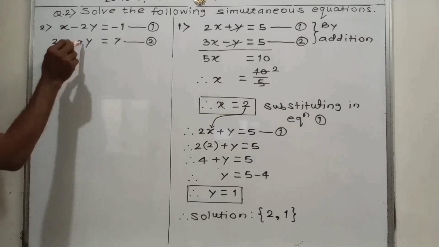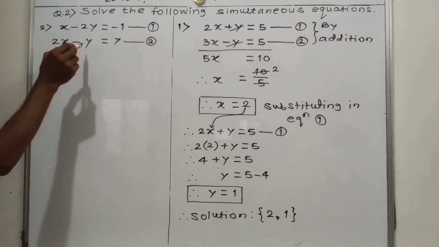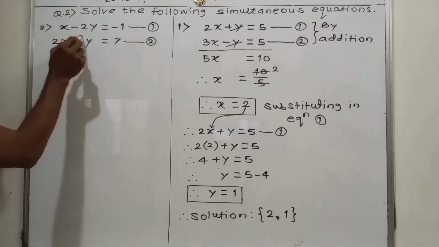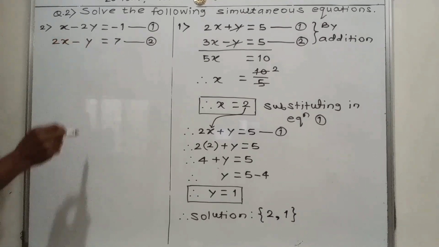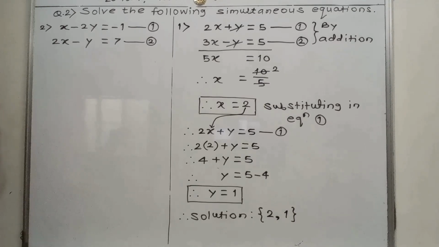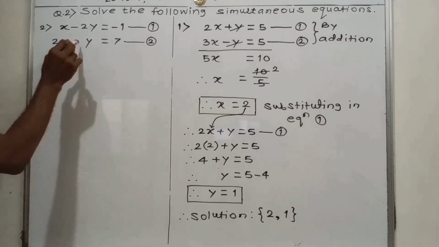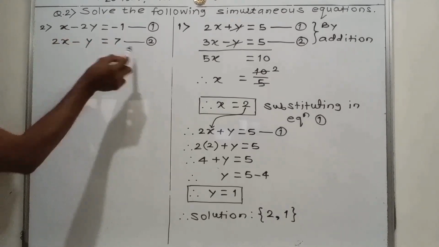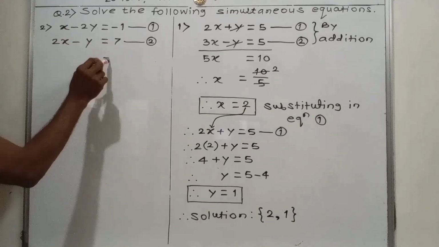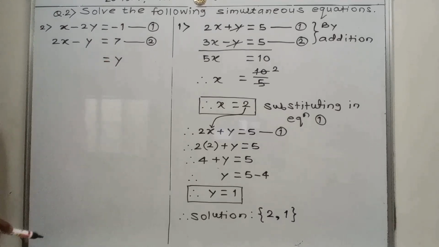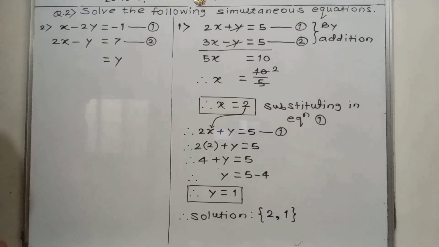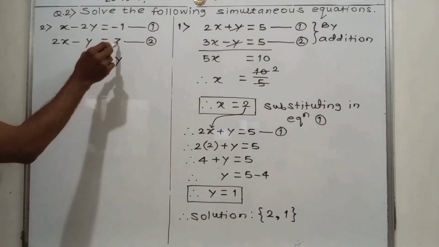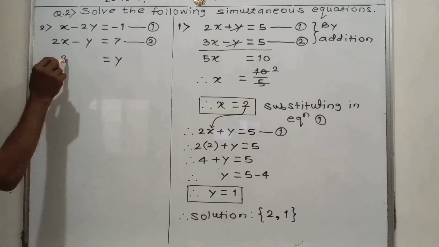Now see this. We take this. We want this positive. Okay. So we take this minus y to the right side. Because here coefficient 1, then that becomes very easy for substitution method. So we take this minus y to the right side. Therefore minus becomes plus, and we take this 7 to the left.